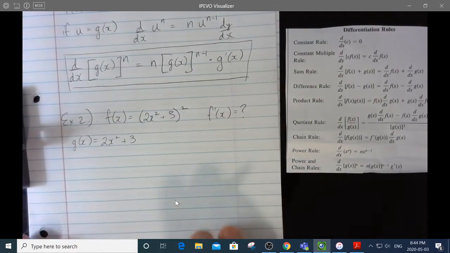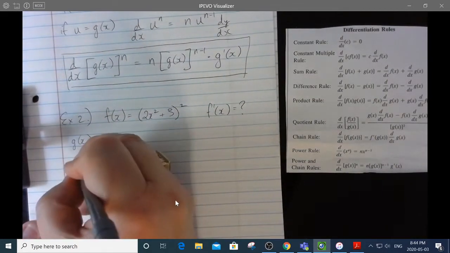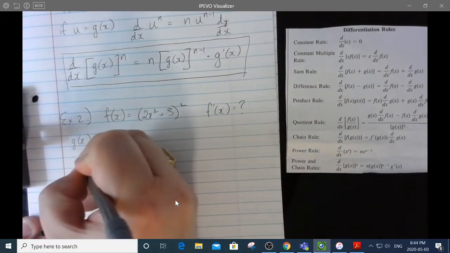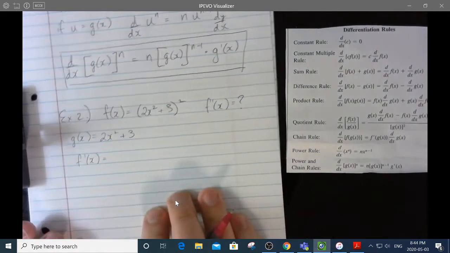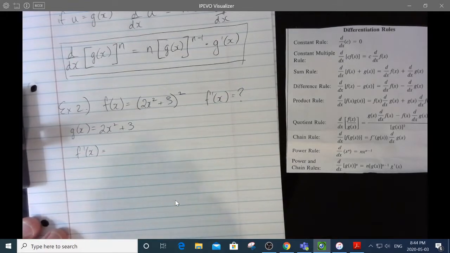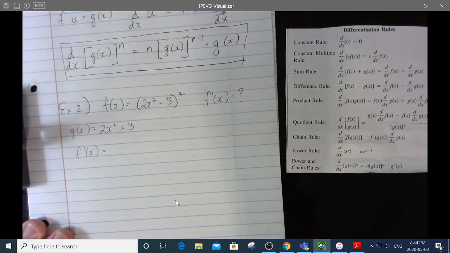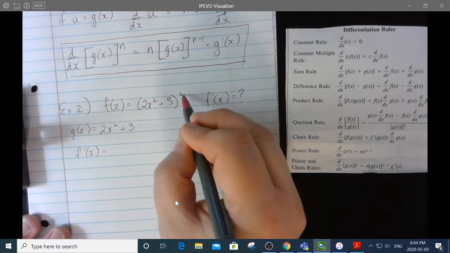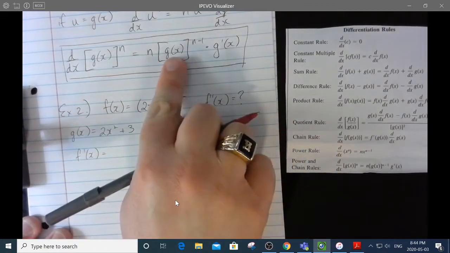And so the derivative of function f with respect to x, or f primed of x if you like, is going to be the exponent. Just again, I'm just using this formula.